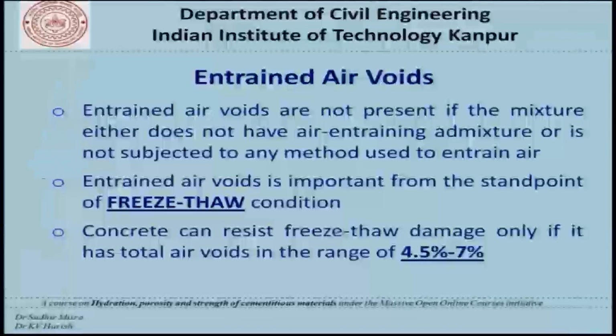So in the case of freeze thaw environment, we need a higher amount of air voids primarily to resist the freeze thaw condition, and the exact range is 4.5 to 7%, and that additional air bubble that we get is primarily from air entraining admixtures.